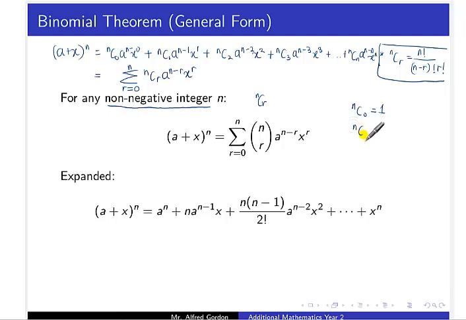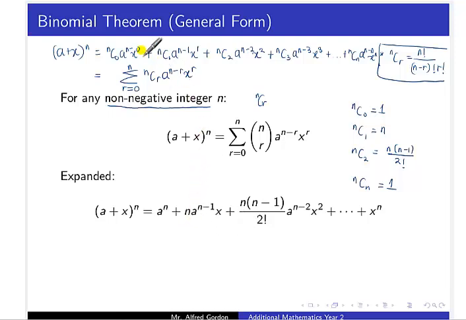Then n combination 1, we obtained n, and then n combination 2 was n times (n minus 1) all over 2 factorial, as well as n combination n, which was also 1.